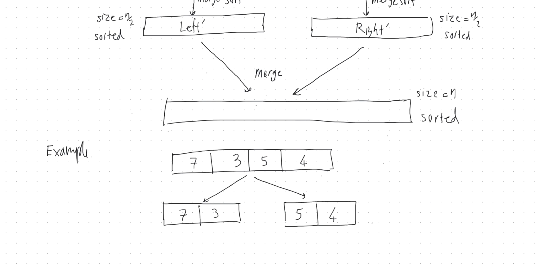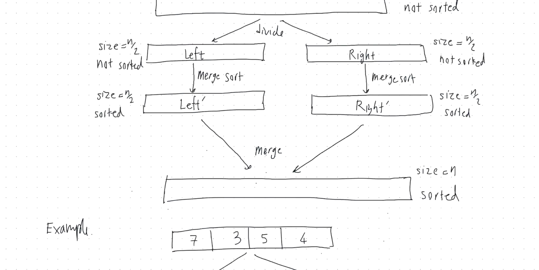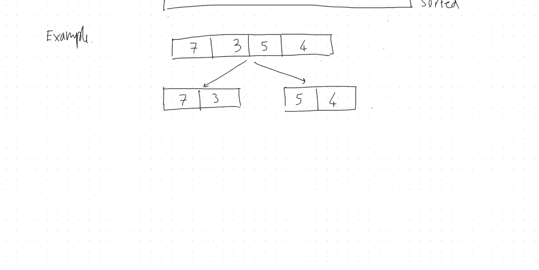Now here, I did that immediately, but really what happens, if you want to go into details, when I call merge sort on this array of size 2, remember the first thing that merge sort does is it divides the array into 2 halves. So when I recursively call merge sort here, it divides this array into 2 halves again. So we get 7 and we get 3. Similarly here, when I call merge sort on the right half, the first thing that merge sort does is divides that into 2 halves, so 5 and 4.